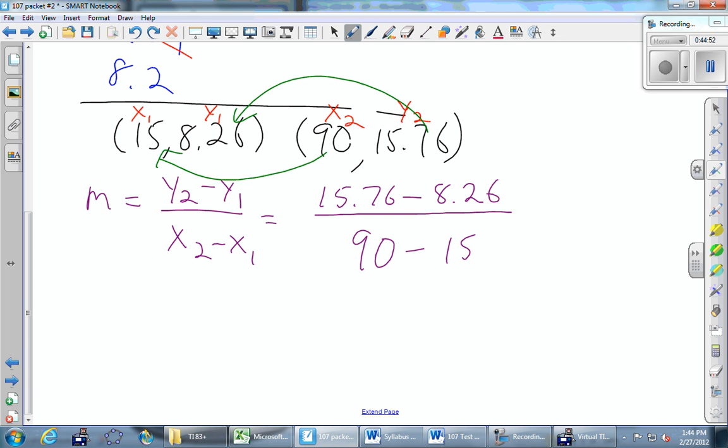Another way to make a mistake is to accidentally subtract this guy minus this guy. X's and Y's, I will tell you, I have never subtracted X's and Y's. They just don't go together. They say completely different things. One of them is a left-right, the other is an up and down. They're really separate. So there's no reason that we will ever subtract X's and Y's. We need to subtract Y's from each other and X's from each other.